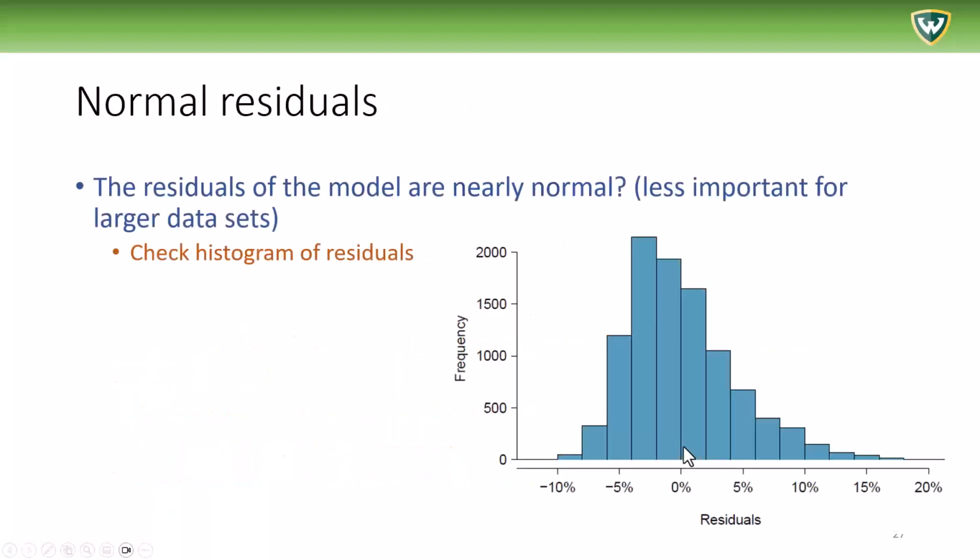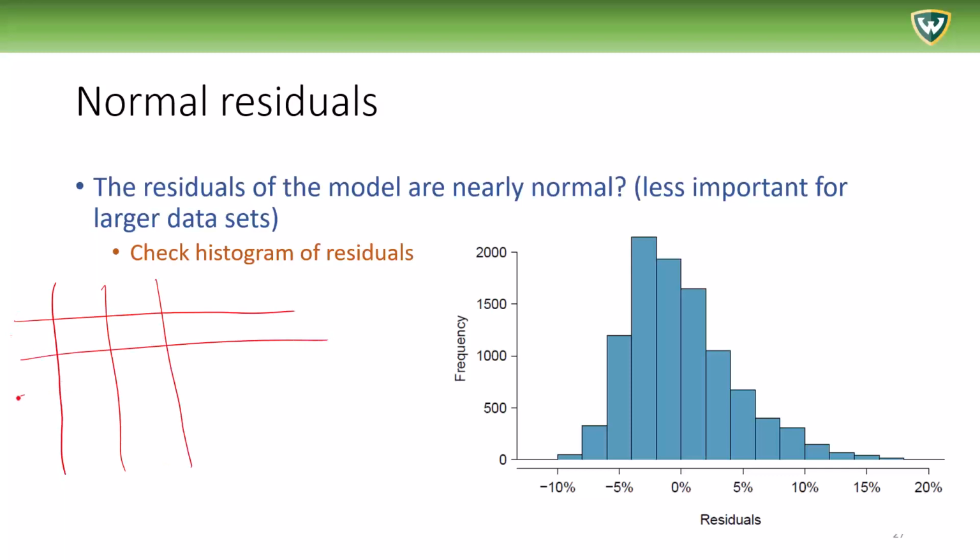First, normal residuals. The residuals of the model should be nearly normal, and we can check this with a histogram of the actual residuals. Just to remember, what do we mean by the residuals? Let's look at what the data looks like.